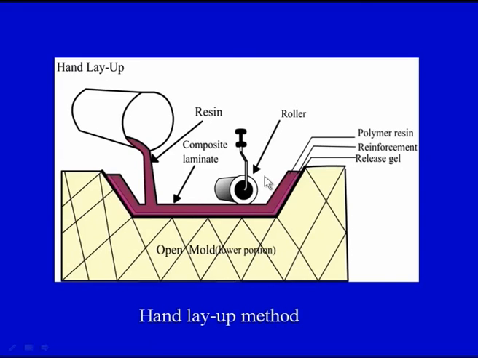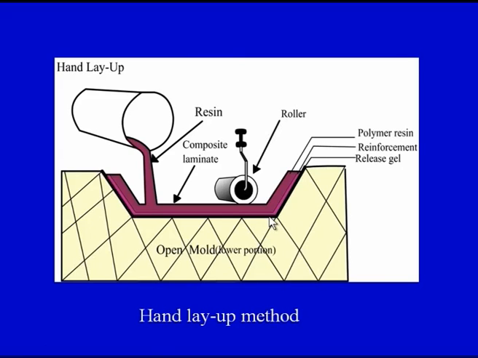The roller is used as a consolidation process to apply pressure in order to remove the excess resin from the composite product, and finally we will get the composite in this particular shape, that is the shape of the mold. In the example I have taken in the prior slides, I have already told with the help of a diagram we can use a flat plate mold also.